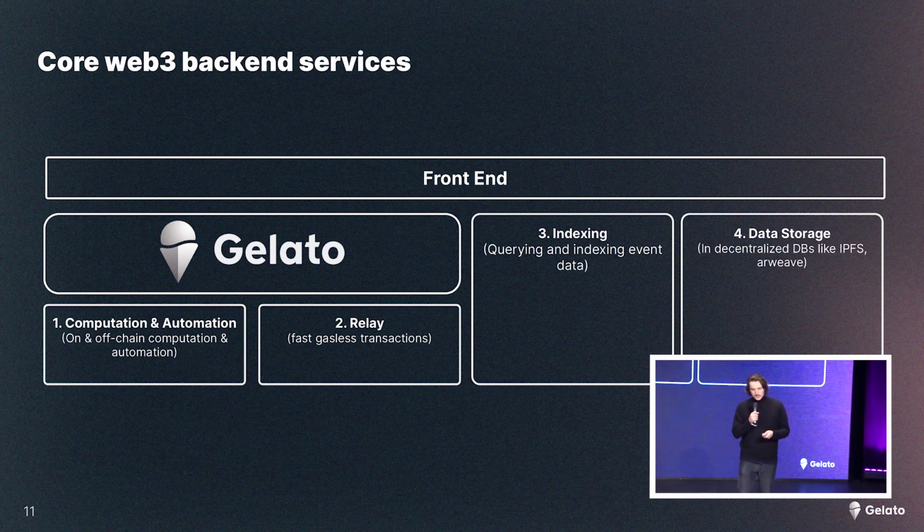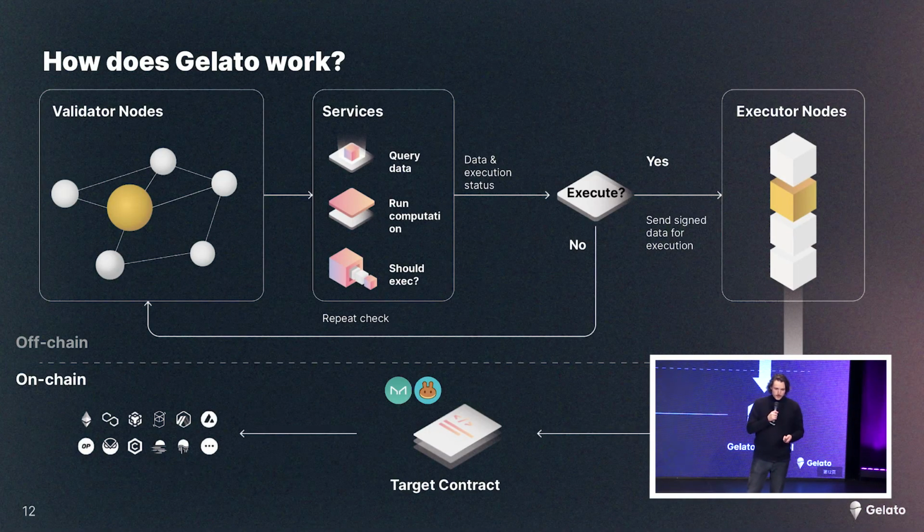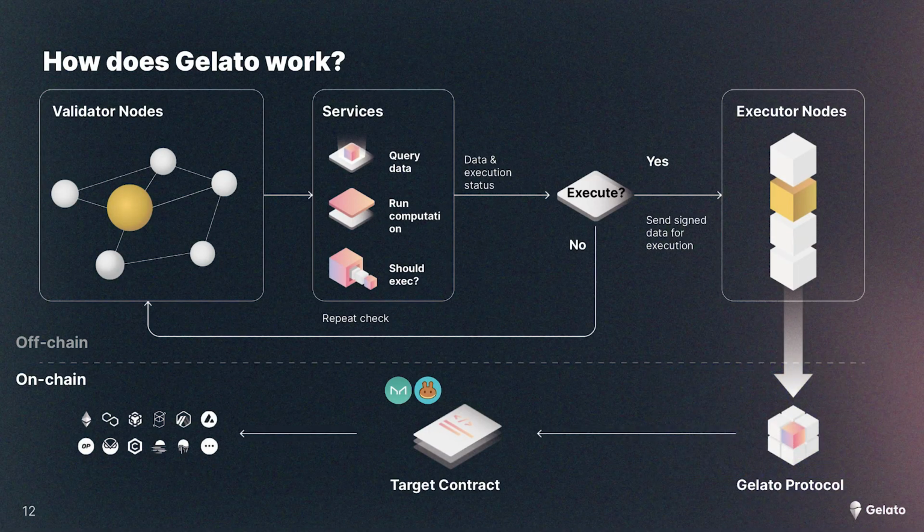And then, of course, you still need the data indexing, storage and querying parts, which right now Gelato is not focused on. This is just an overview of how Gelato works. In case you don't know, there are basically 2 parties here.